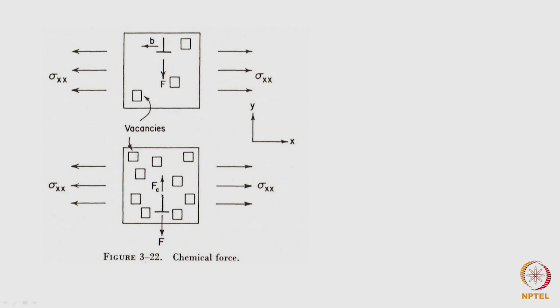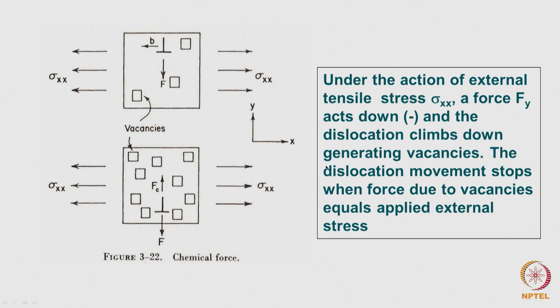When these two forces become equal, then the dislocation will no longer move. So essentially what happens is that lots of dislocations will be generated in the material by non-conservative motion of dislocations. This is essentially what is being written here.